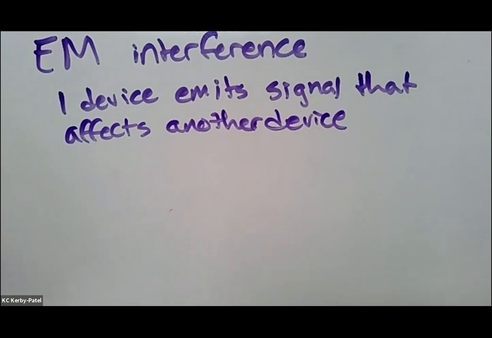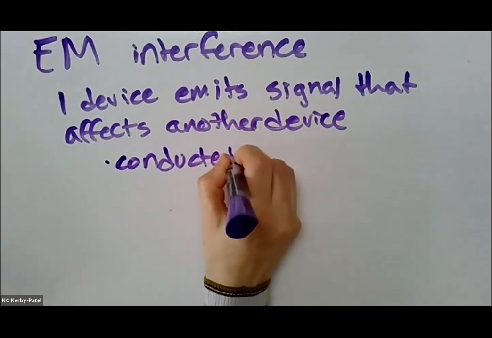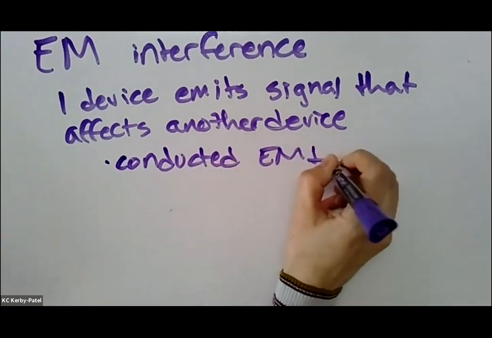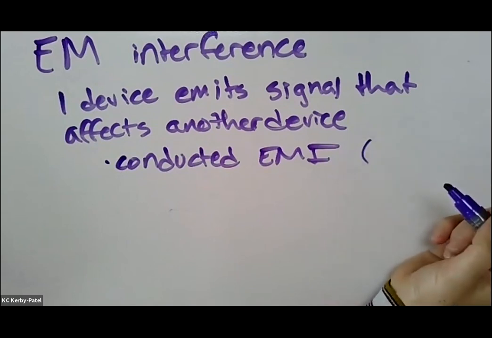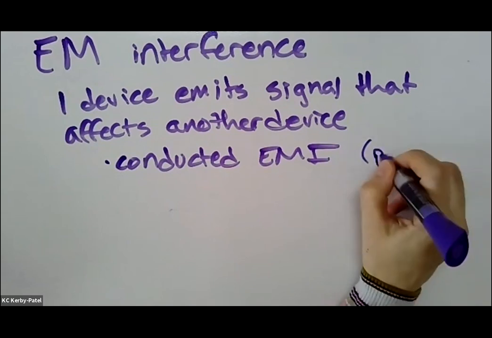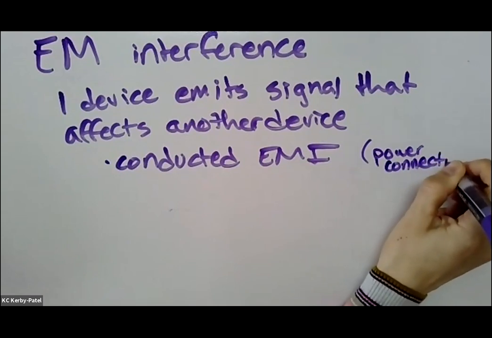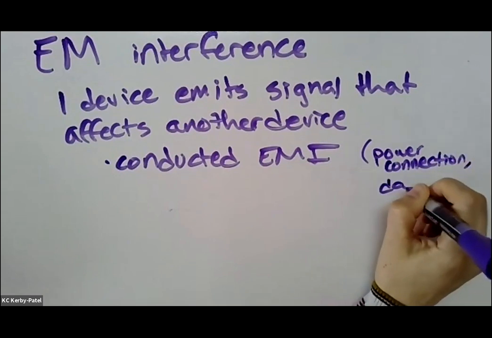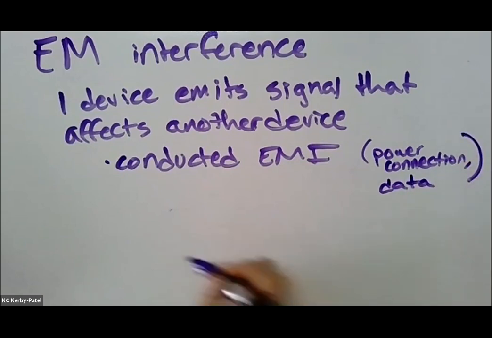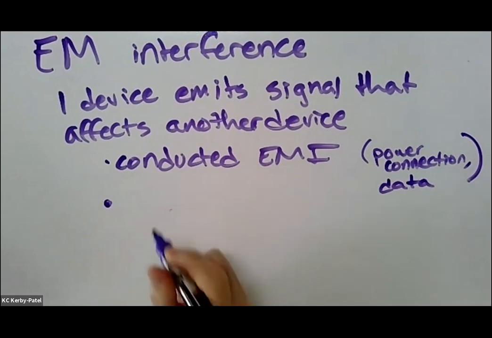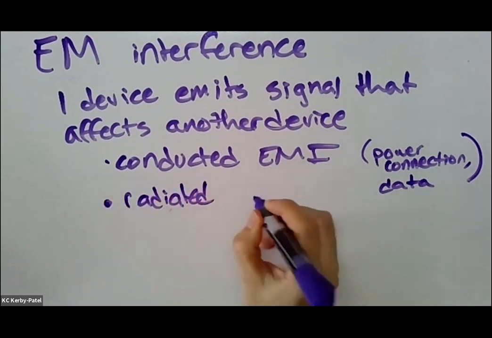This could be conducted, for instance, through a power cable or something that is connected to both of them, or a data connection or something like that. Conducted just means it is physically connected somehow. Or radiated.